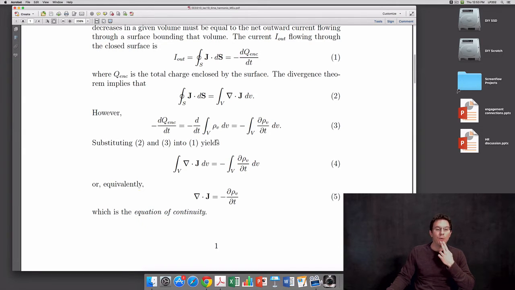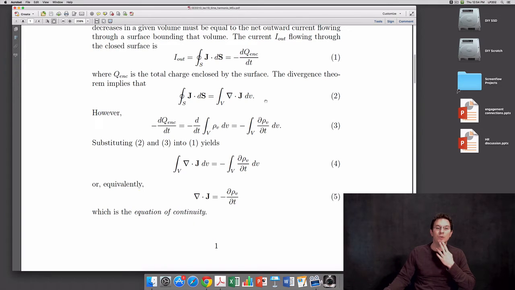So the minus time derivative of the total charge enclosed is equal to the minus time derivative of the integral of the charge density throughout the volume. And then from here to here, I'm simply bringing this time derivative in to act on the charge density term.